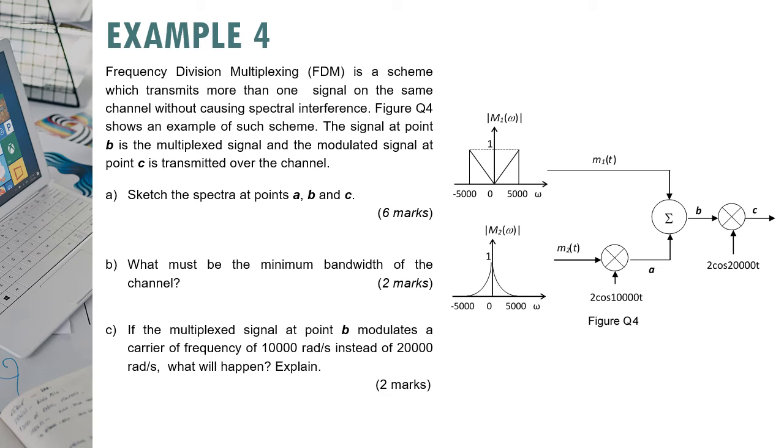So given the input signals, you have M1(omega) and M2(omega) being processed by having some multiplication and addition with a different signal, and then at the end the signal is multiplied again with another carrier signal, to produce the final output. So these are the carrier signals. So the first one, you need to sketch the spectra at points A, B, and C.